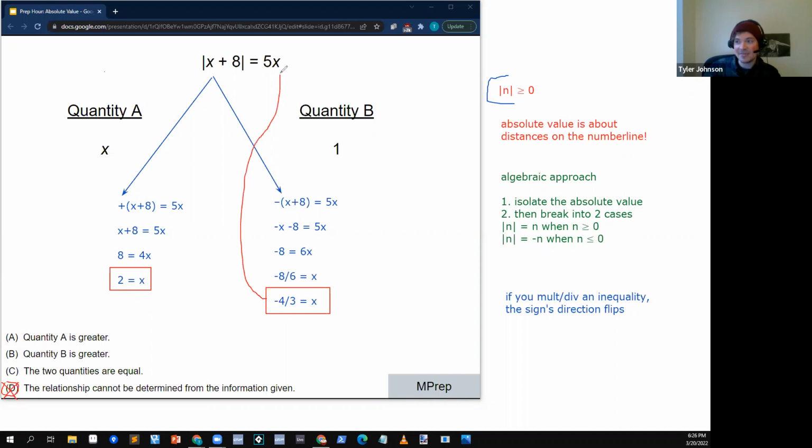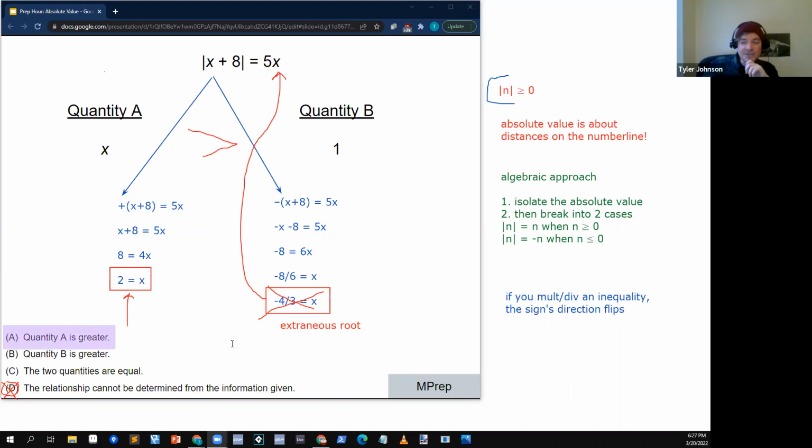And recognize, if X were that negative number right there, I would have an absolute value equal to a negative, and that can never happen. So this is something called an extraneous root. The only true solution here is that X is equal to 2, which makes quantity A bigger than quantity B. So answer would be A here.